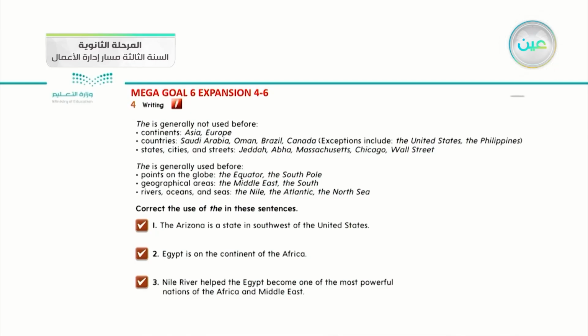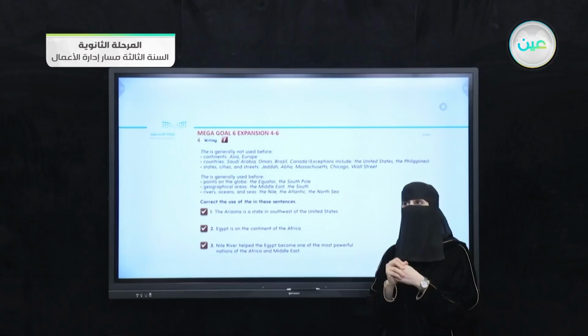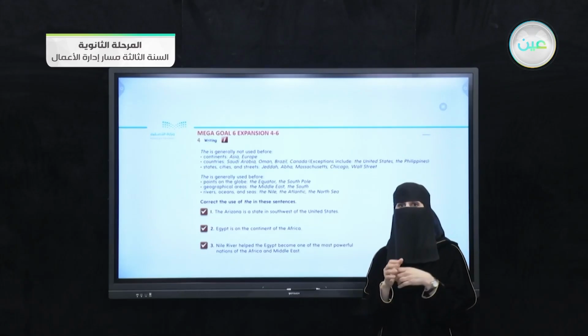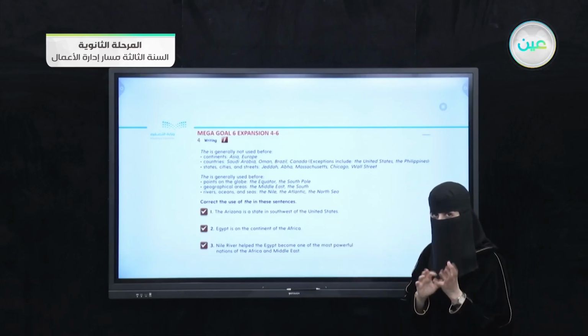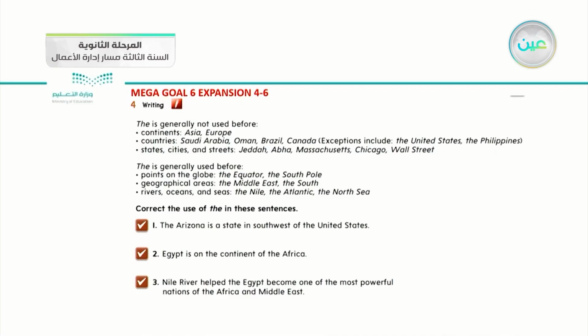With all of these, we can't use "the" before them. And there are some exceptions also, as with lakes and mountains. We found a group of lakes such as the Great Lakes, and we can use "the" with it. And if we want to talk about a famous mountain such as Alps mountain, we can't use "the" with it.